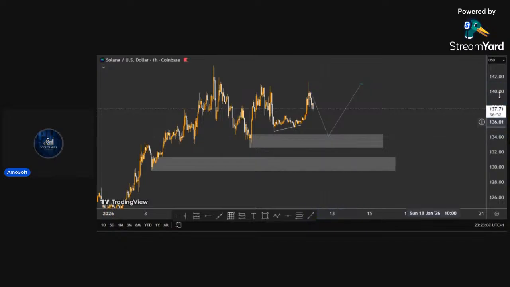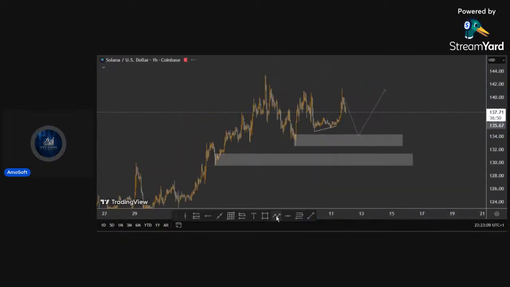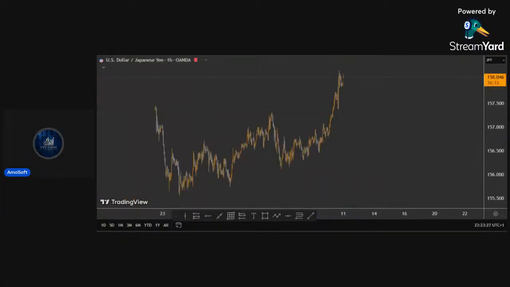If it doesn't respect that level, I'm also expecting price to come down to this other level, then take a buy. So these are the levels that I'm looking out for when it comes to Solana.